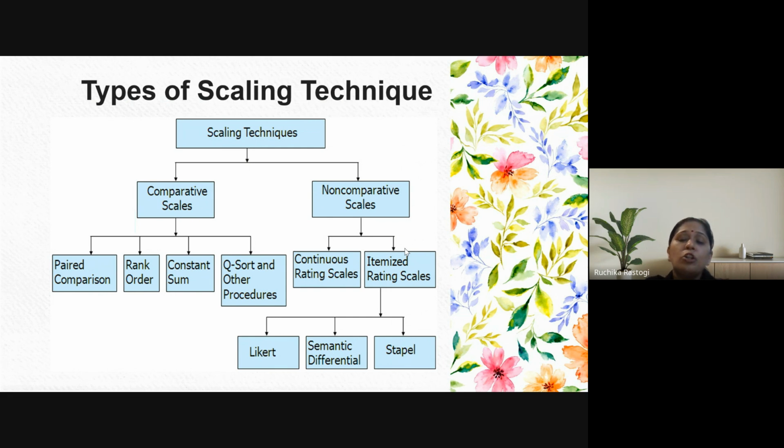In that case also people try to use the Likert scale. Don't use the Likert scale whenever you are making a comparison between two different brands, two different companies, two different techniques, two different choices, two different characteristics.